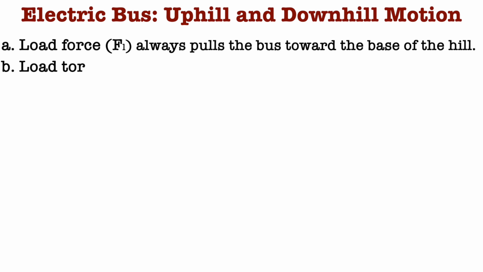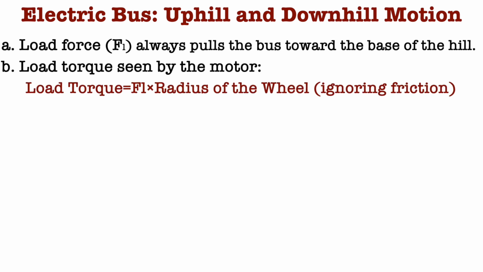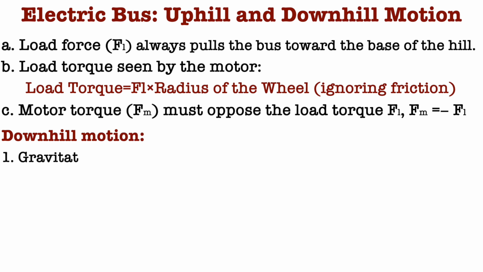If frictional forces are ignored, the load torque seen by the motor is FL multiplied by the radius of the wheel. This load torque must be matched by a motor torque Fm in the opposite direction to FL. Now, let us assume that the bus is in the downhill direction. Because of the gravitational force, FL still pulls the bus toward the bottom of the hill.